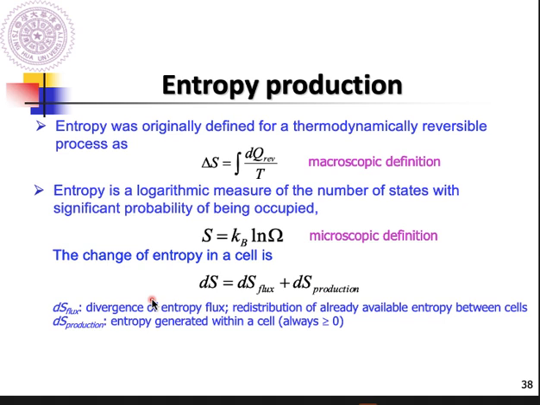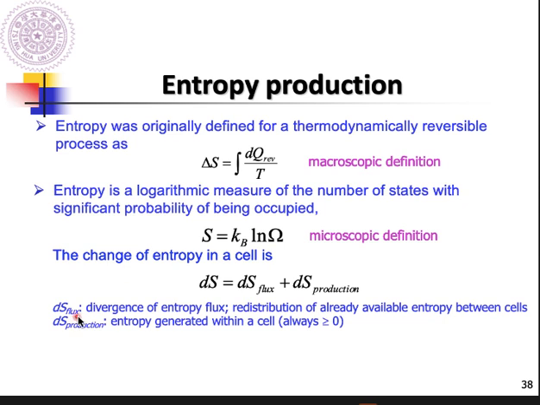If we have a cell here, the change of the entropy in this cell can be expressed as the flux of entropy from surroundings and also the entropy production by itself.